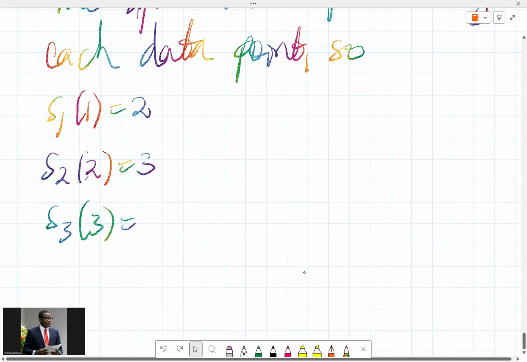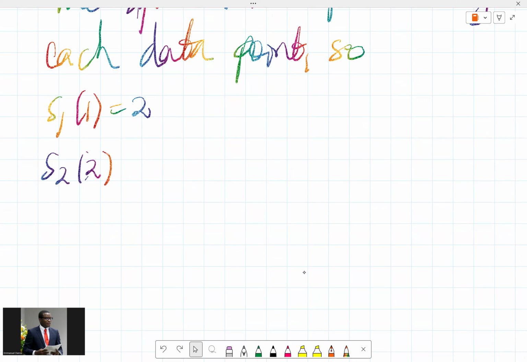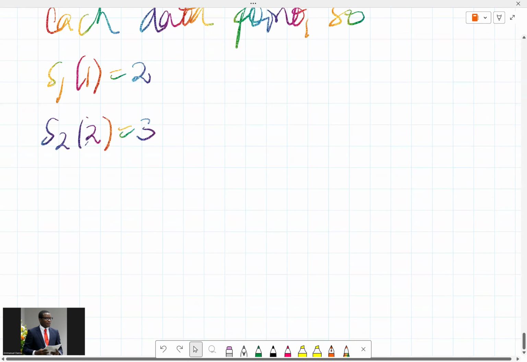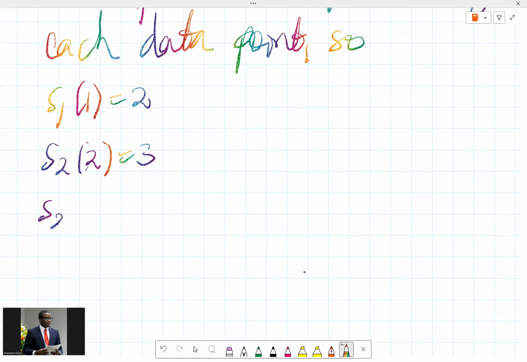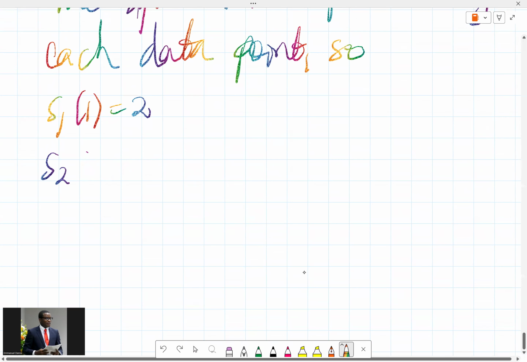Okay, let me see. S1 of 1 must be equal to 2, and S1 of 2 must be equal to 3. Okay, let's be careful here.